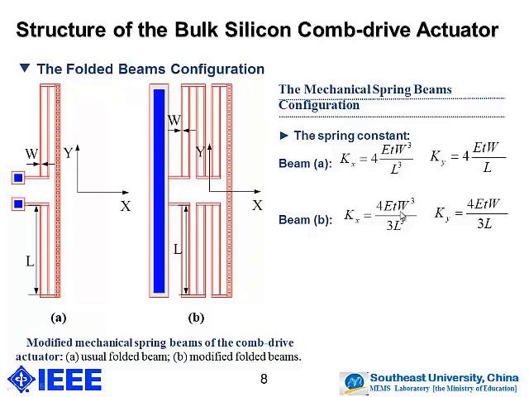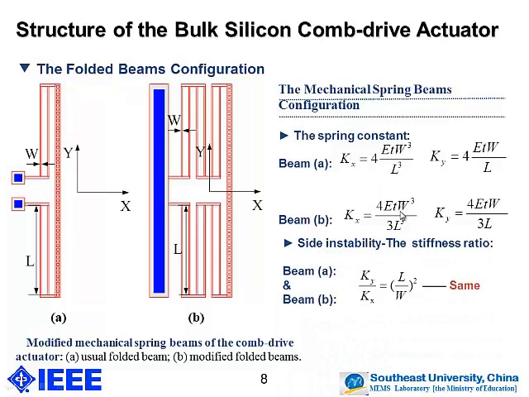Compared with the two folded beams, we found that the stiffness ratio of the two beams is the same, but when the same electric force is applied on the two beams, the modified beam will have 3 times larger displacement than the usual beam.